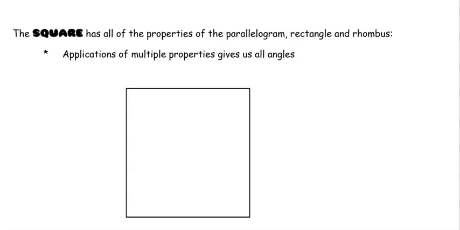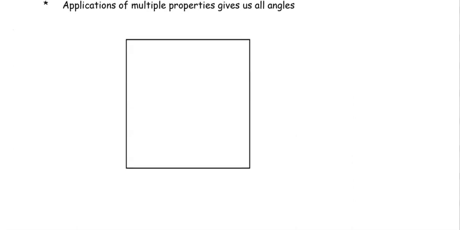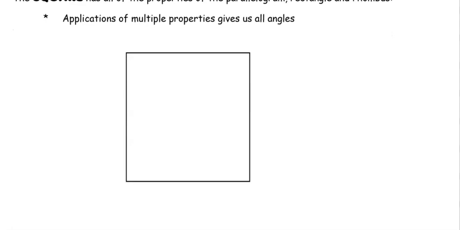So not only can we straightforward apply all 10 properties, when we combine those, it's going to give us some special properties, special applications. So 1, I think about the rectangle. Rectangle tells me that all 4 corners are right angles.